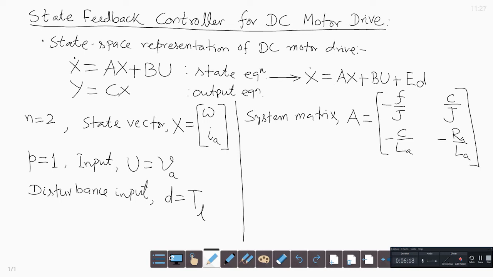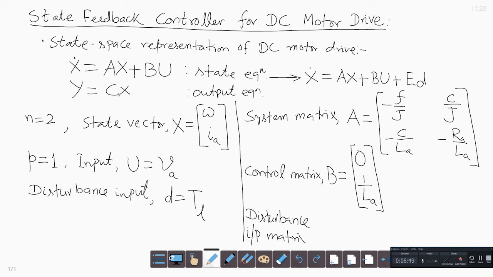Then the control matrix or input matrix B is 0 and 1 by La, and the disturbance input matrix E is minus 1 by J and 0, because load torque is the disturbance.